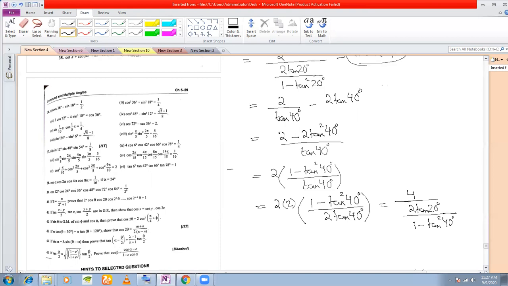This now can be written as 4 divided by tan 40. So this is the double angle formula for tan. So this will become double of 40, tan 80. Okay, and how can we write tan 80? We can write tan 80 in terms of cot, as cot of 90 minus 80, right?